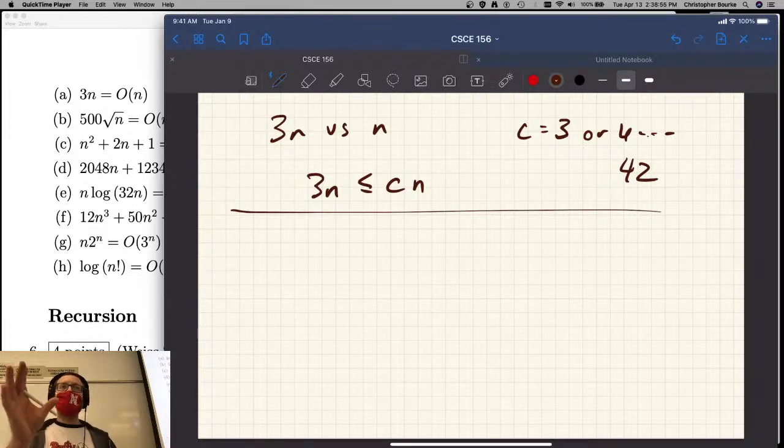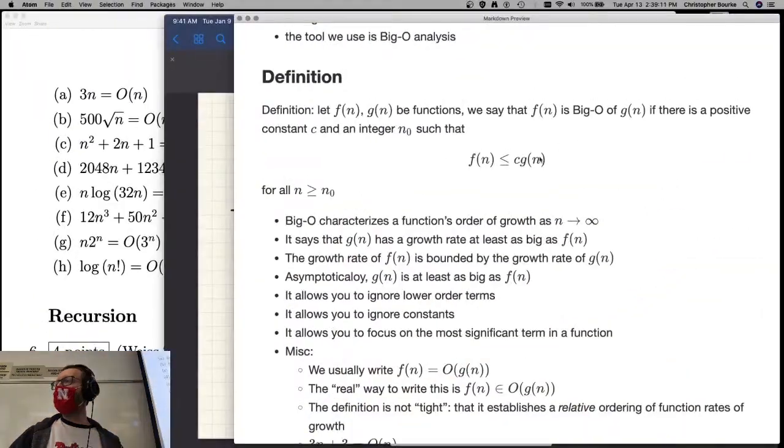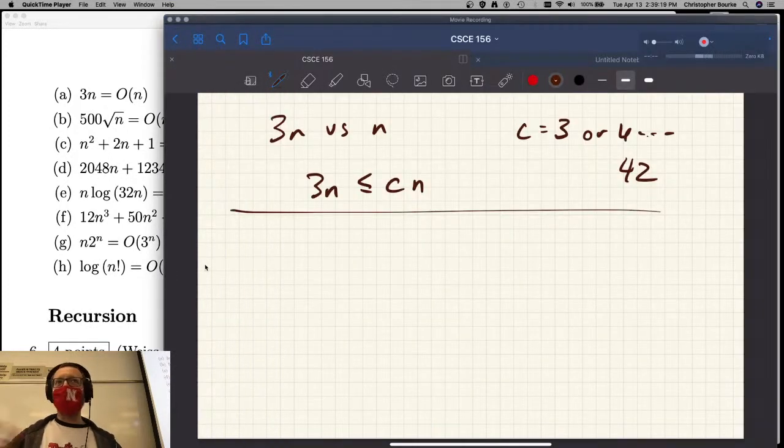So if you fix an n naught and a C, certainly if you have any larger C, that just means that you're moving the curve up and making it steeper. It doesn't change the fact that it's already crossed over. So you could potentially have an equivalent definition here where you fix n naught, and then for all C greater than or equal to C n naught, you could redefine it.